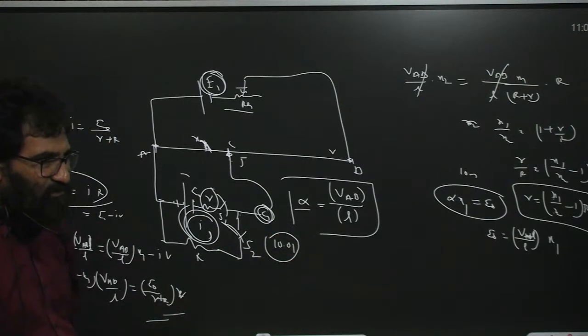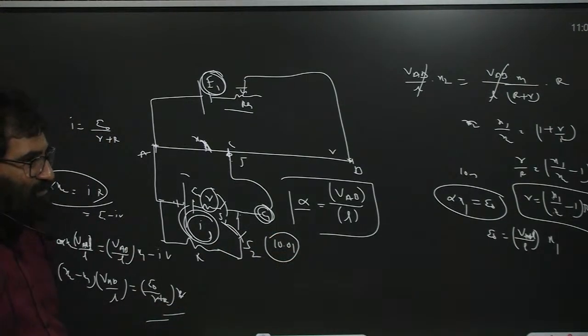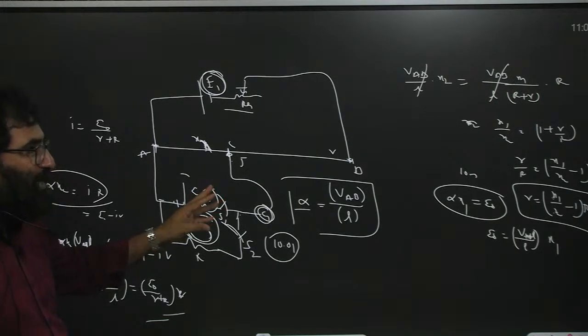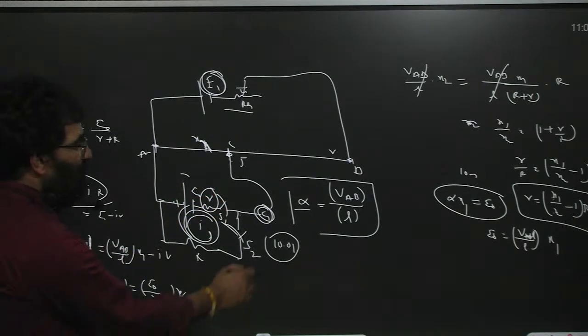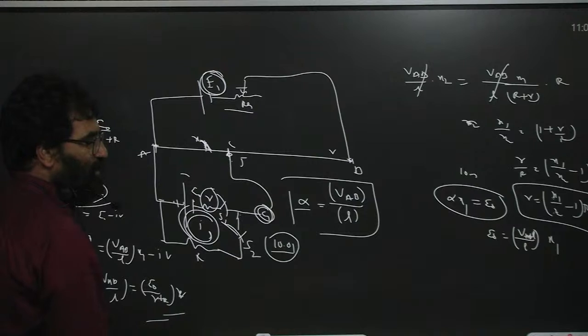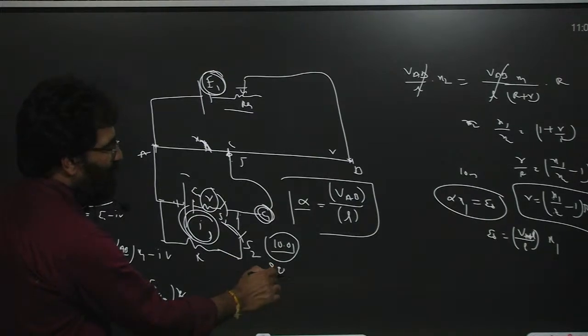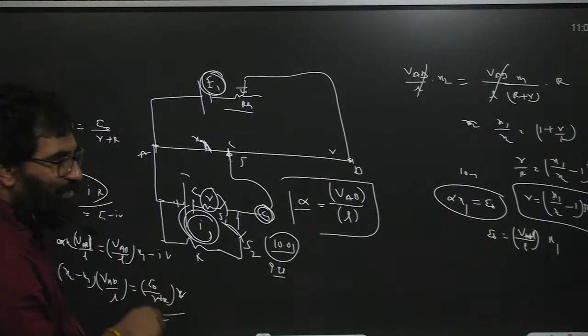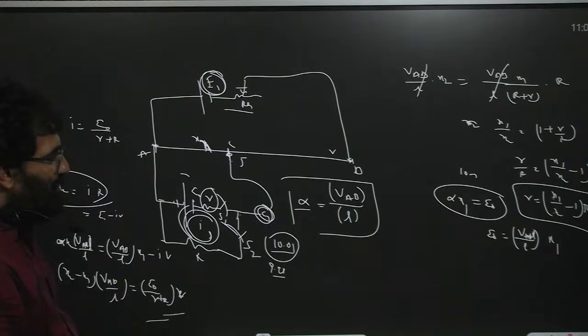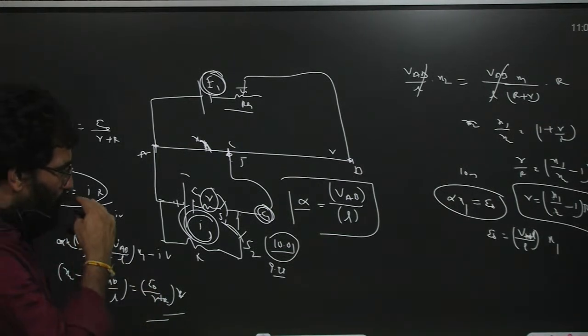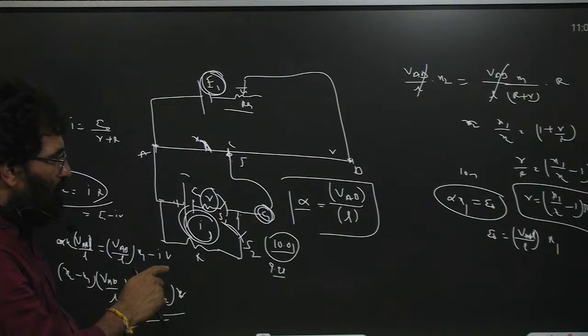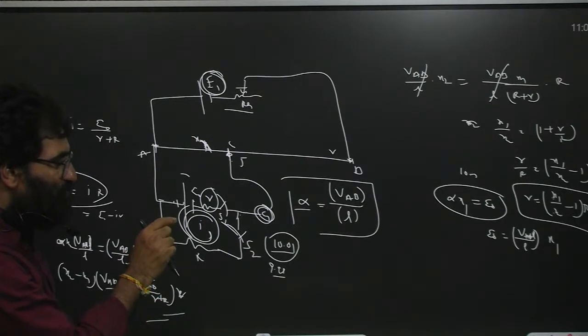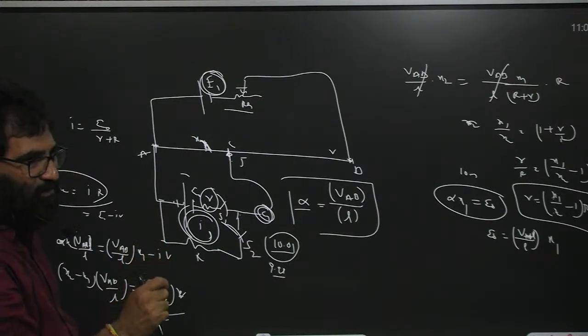Human errors are present. But to minimize the human errors, sensitivity should be increased. So instead of keeping at 10.01, I can keep at 9.99 also. When we keep at 9.99 instead of 10.01, the potential variation should not vary much. So that is called sensitivity.